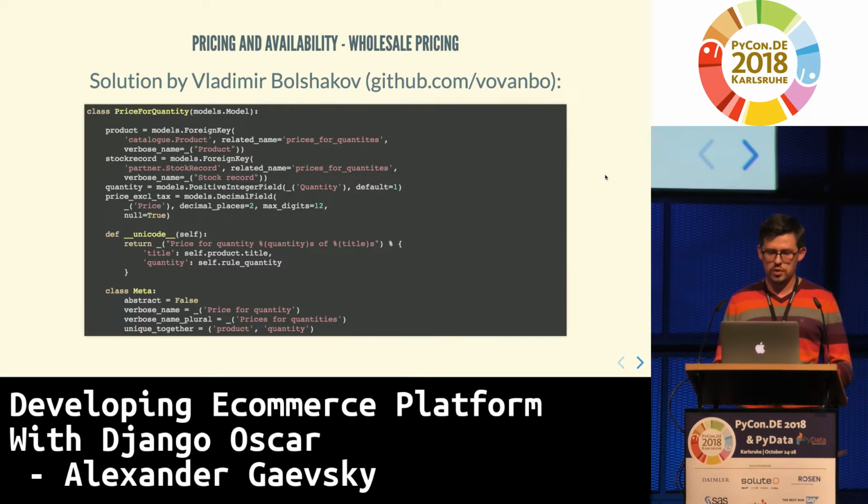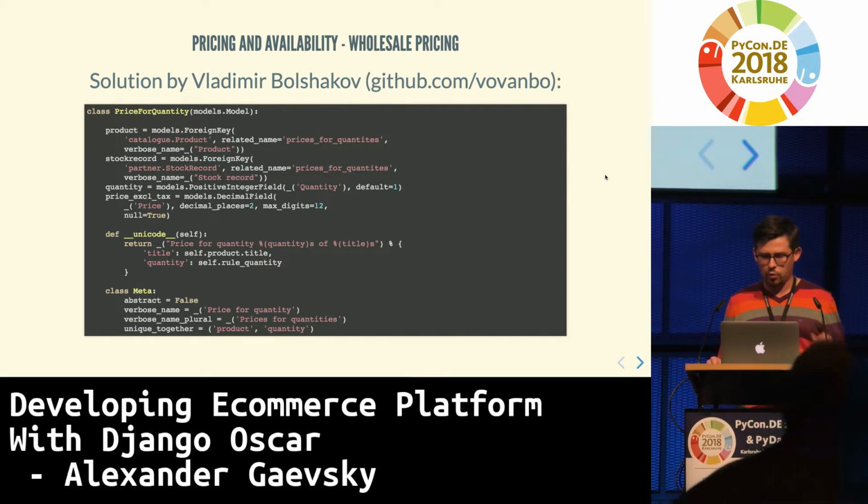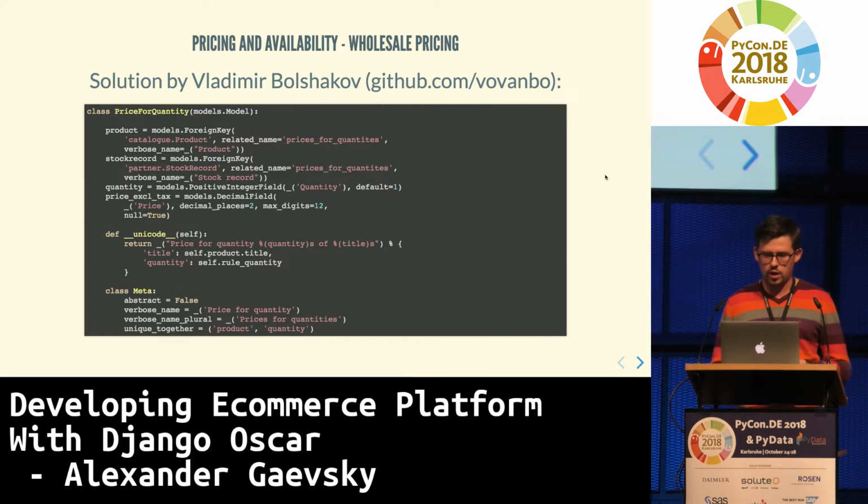He proposed to introduce a price for quantity model, and we need these changes to indicate what price you will have for a given quantity. You define your quantity in the quantity field and price in the price field accordingly. Later in the partner pricing strategy, we will look at this model's entries and fetch the necessary pricing.